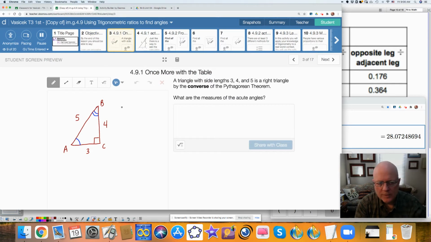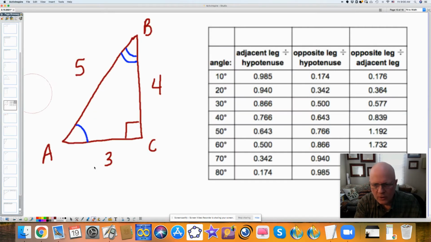For the warm-up, you're given this right triangle as a 3, 4, 5, and we want to find the angle measures. If you have your right triangle table handy, you might be able to do it that way. The way I solve any of these right triangle problems is I'll write down my trigonometric ratios so that I don't goof them up.